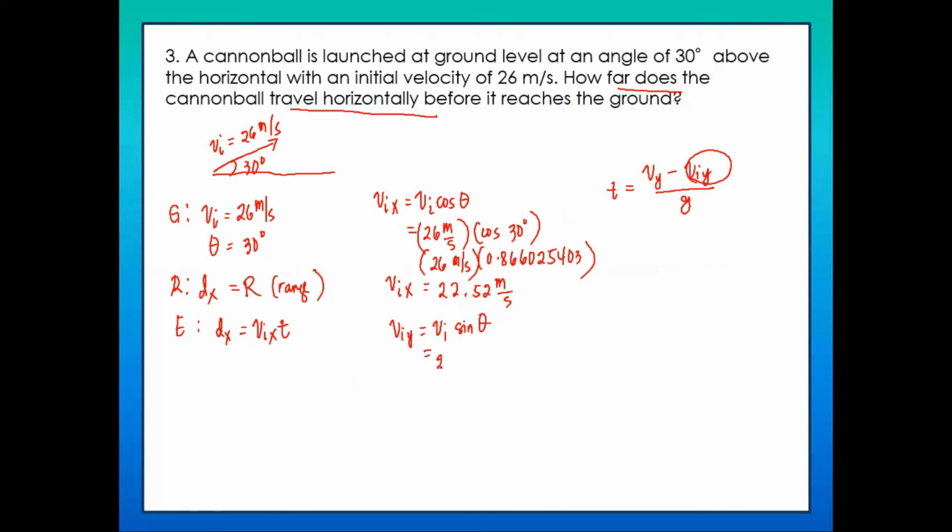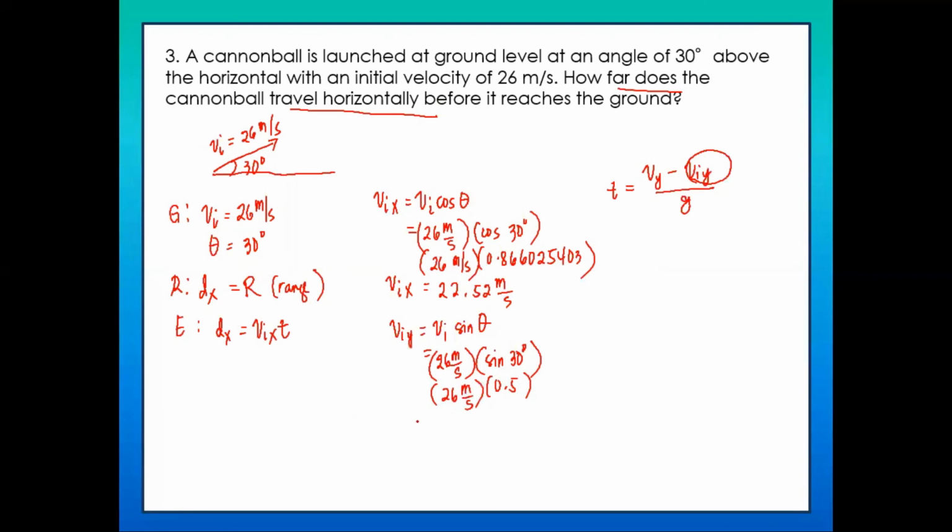Right? Substitute lang. 26 meter per second multiplied to sine 30 degrees. Okay, click lang natin si sine 30. That gives you 0.5. Multiply mo lang yan sa 26 meter per second.